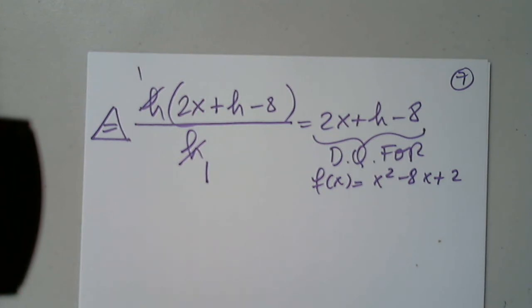What else do they want here? That's it. Okay. We determined and simplified the difference quotient for a slightly more complicated quadratic function than they have here. Then we graphed piecewise defined functions. We did look at how to evaluate a function tonight.